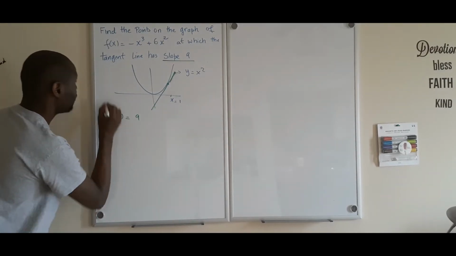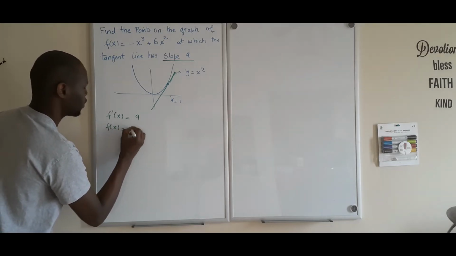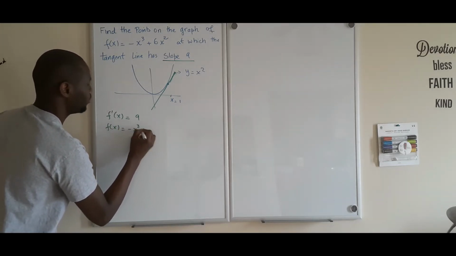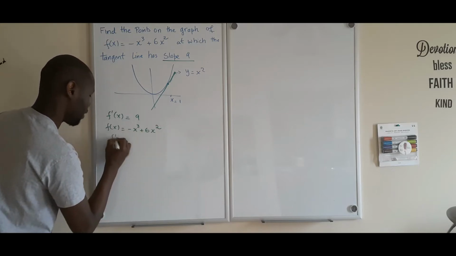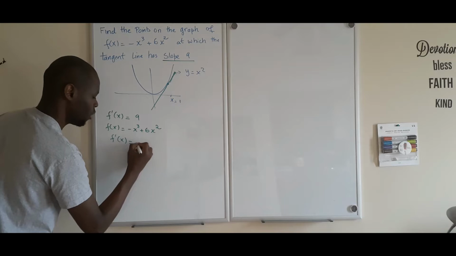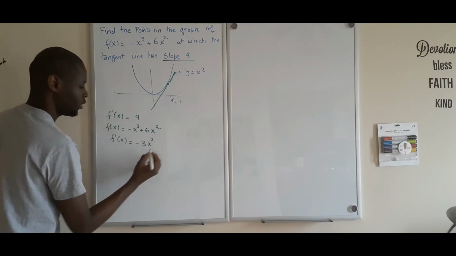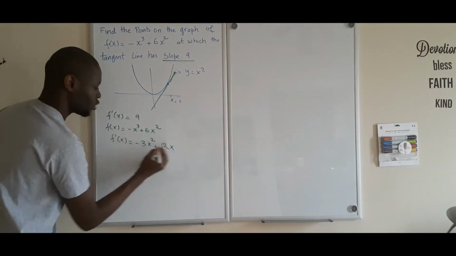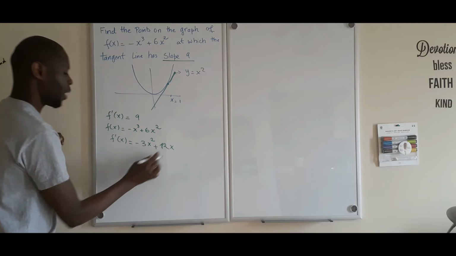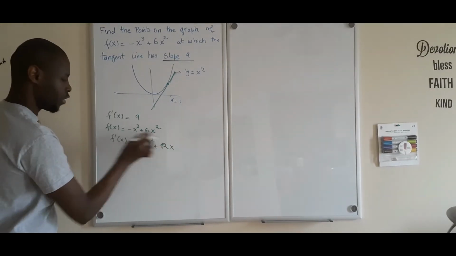Now f of x equals minus x cubed plus 6x squared. So f prime of x equals negative 3x squared plus 12x, right? We just use our power rule here, and also the addition by taking the derivative of each separate term.